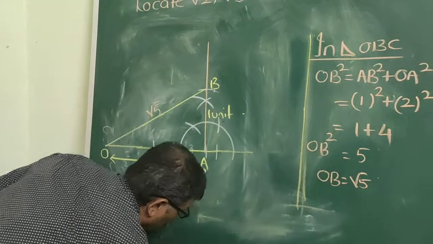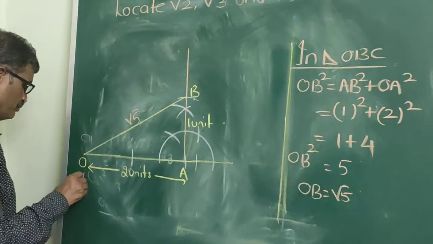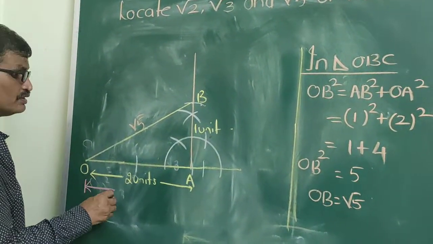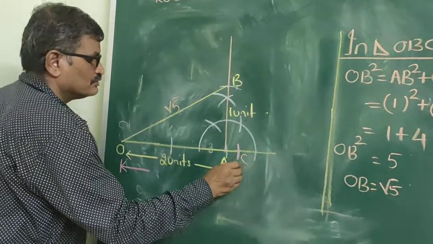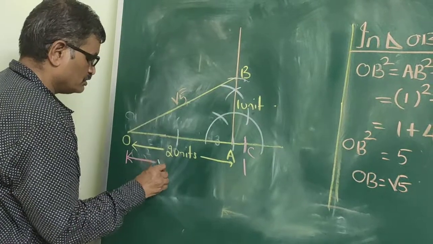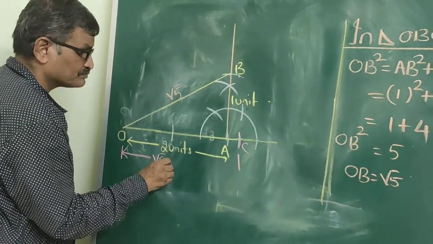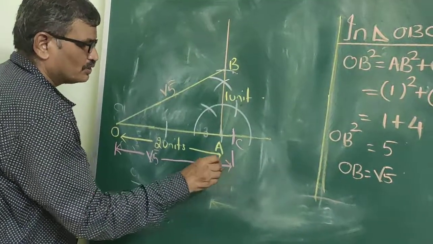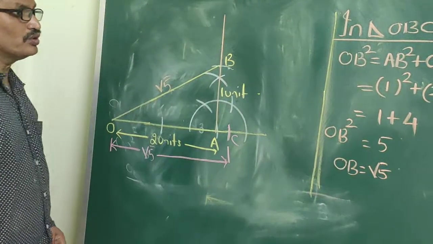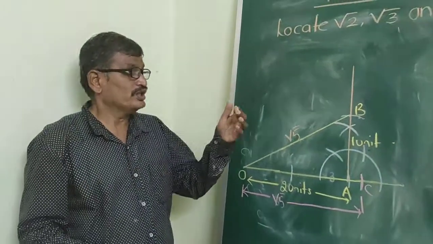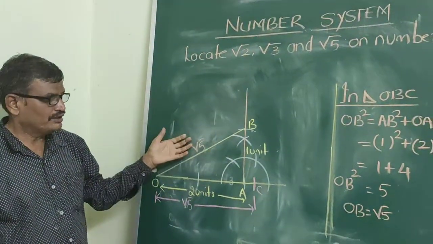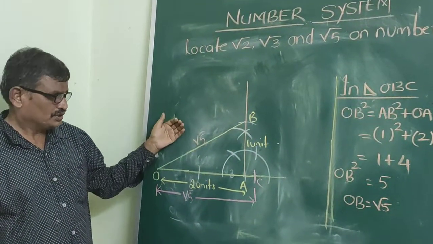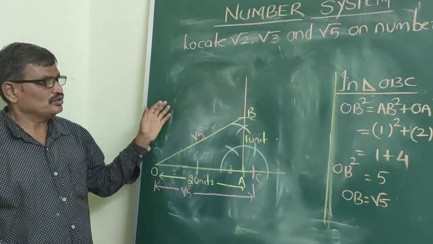So from the point O up to this point, say C, this length is equal to root 5. So children, today's topic is how to locate root 3, root 2, and root 5 on the number line. So you sit at home, see these videos and do it in your class problems.